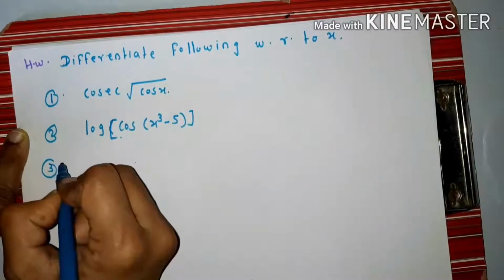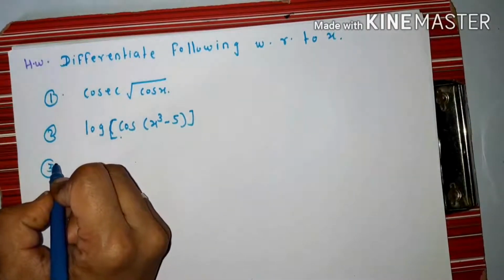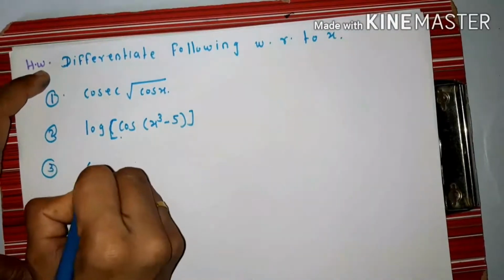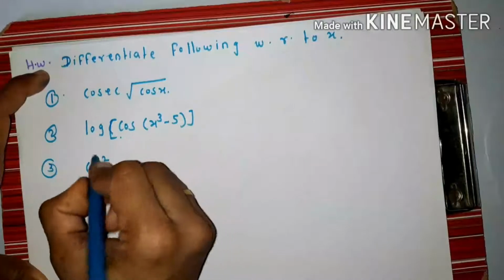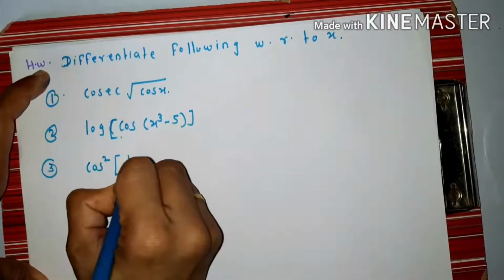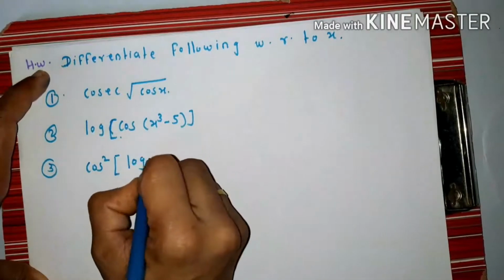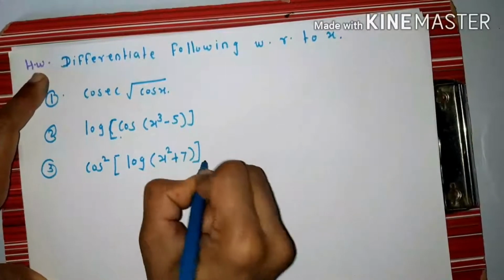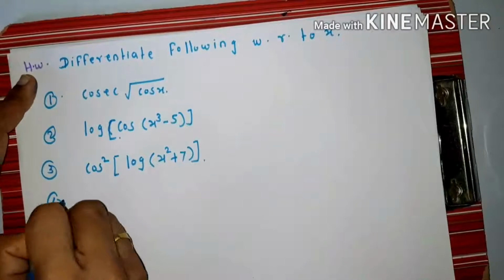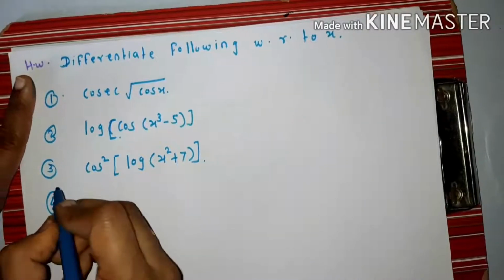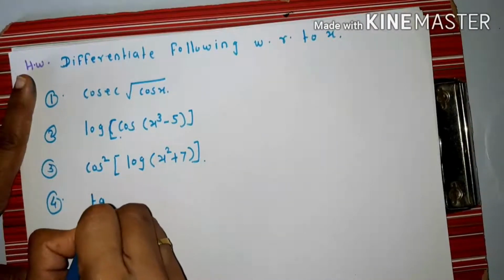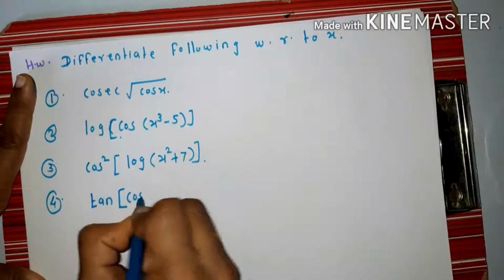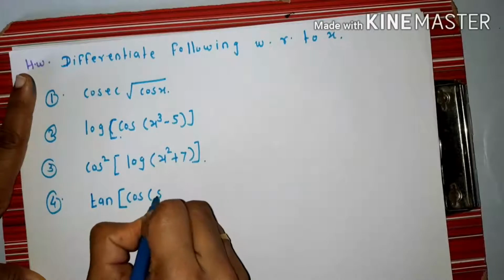Third one: cos square log of x square plus 7. Fourth one: tan of cos of sin x.